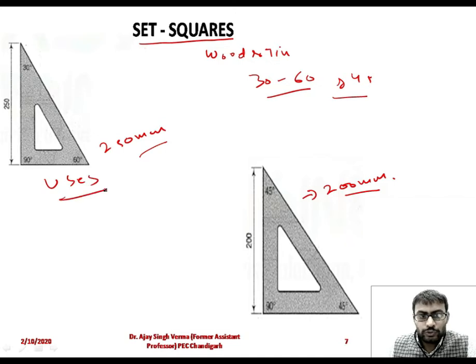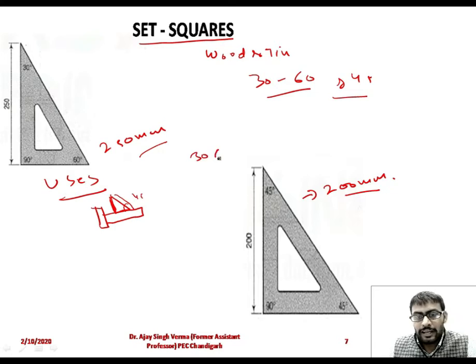If I'm talking about the uses, set squares are used for drawing all straight lines. With the help of the T square we can draw straight lines here, or in combination with the T square we can draw a 30 degree angle, similarly a 60 degree angle, and a 45 degree angle.